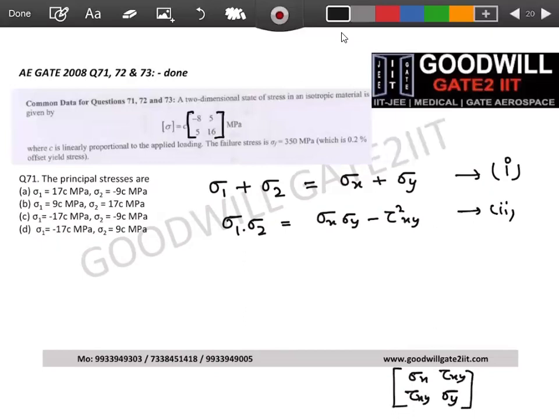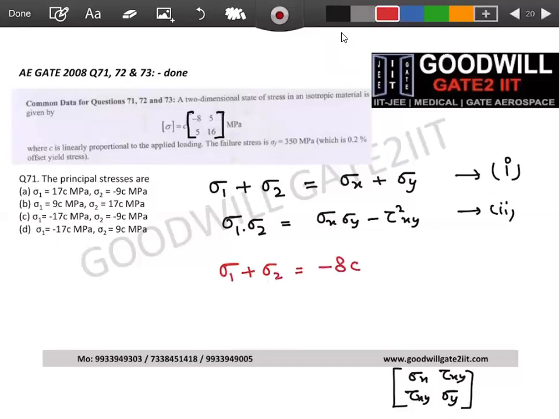So what is sigma 1, sigma 2, guys? In maths, these are nothing but our eigenvalues. In structures, principal stresses are nothing but our eigenvalues. So if you know these two properties, you can again end up with the same solution. What I'm trying to tell you is sigma 1 plus sigma 2 are principal stresses, which we don't know. Sigma x plus sigma y: in this numerical, what are our diagonal elements?